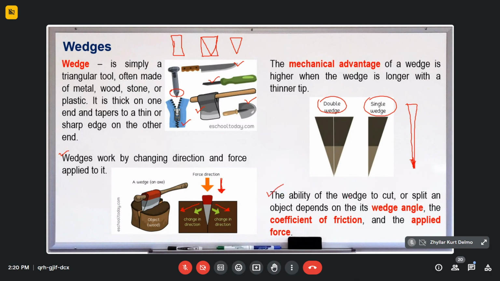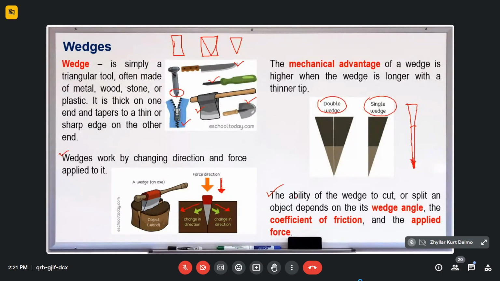The ability of the wedge to cut or split an object depends on its wedge angle, the angle between the two inclined surfaces of the wedge, the coefficient of friction that exists between the contact surfaces, and lastly the applied force, that is your input force. If the input force is small, the wedging action generated is small. But if you want to cut the wood, you have to exert a large amount of force.